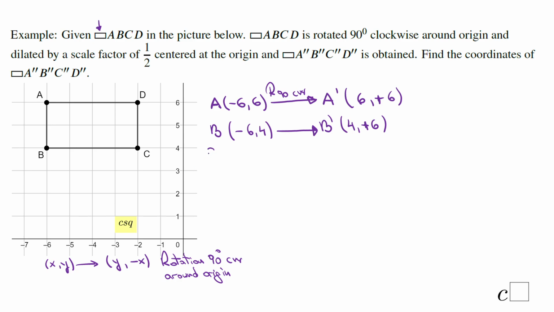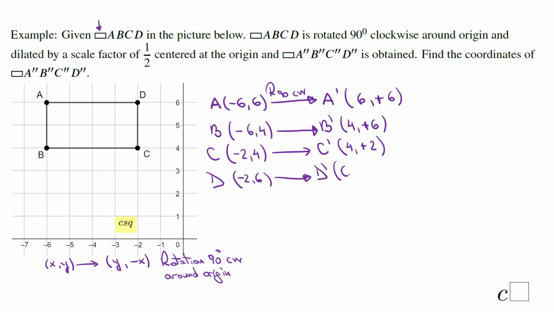Let's go to C. C is (-2, 4). Again, what will be C prime? Switch 4 and -2 and change the sign. And D, the last one, the same rule, because we still rotate 90 degrees clockwise. D is (-2, 6). D prime will be: switch 6 and -2 and change the sign. So we finished the rotation.